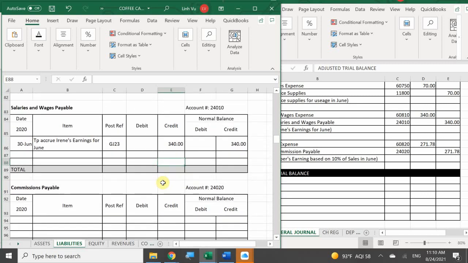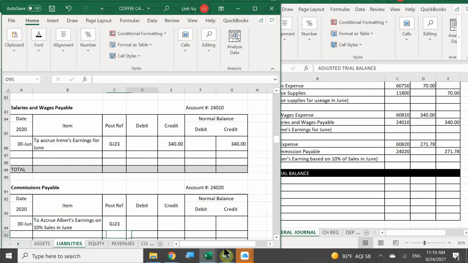Okay. And of course, right down below, you have the commissions payable. So you could go ahead and insert that as well to accrue Albert's earnings on 10% of sales in June.